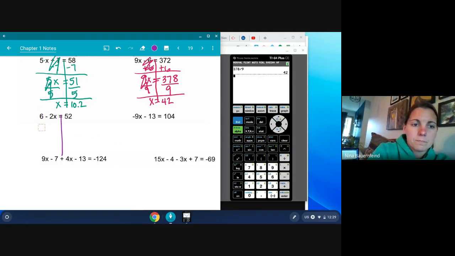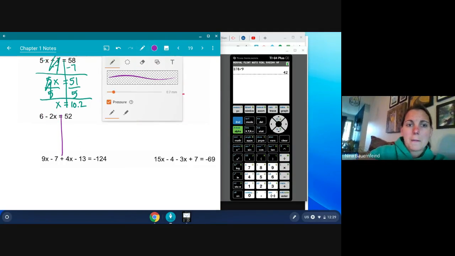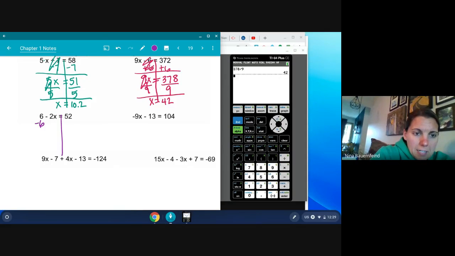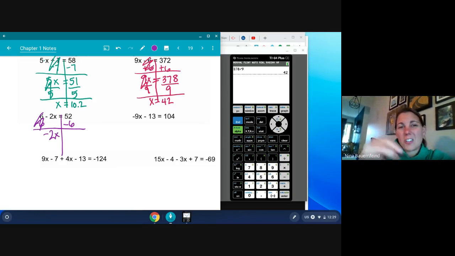But I don't think that is necessary. Instead, what we'll do is say, let's get rid of the number first, like just the plain old number, which is 6. What's the opposite of a positive 6? -6. Yep, so we're going to add in a -6, or we're going to just take it away. So take away 6, gone. Make sure you bring down that negative. This is where you guys are going to get messed up.